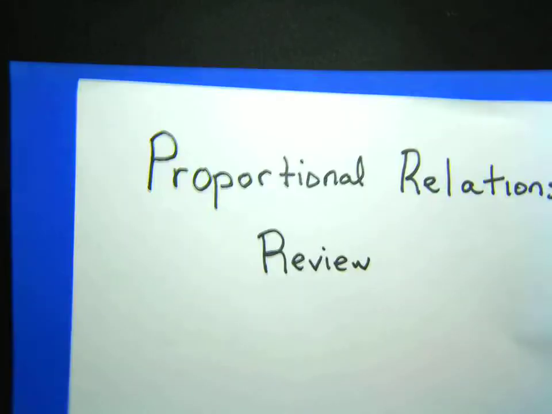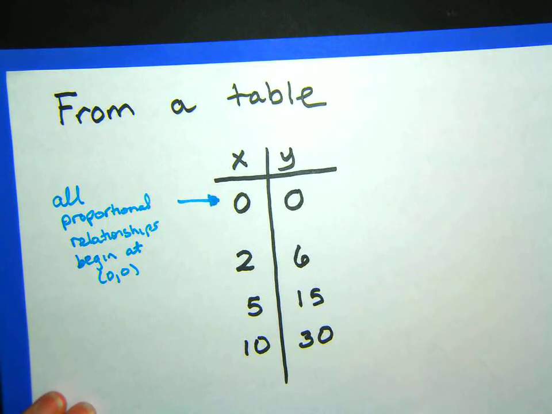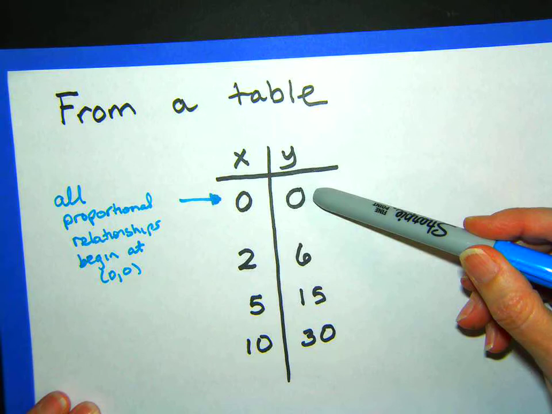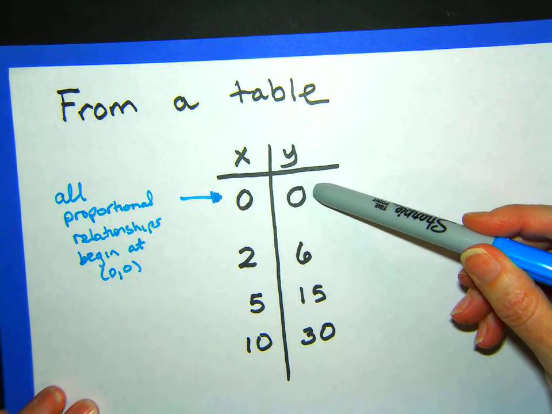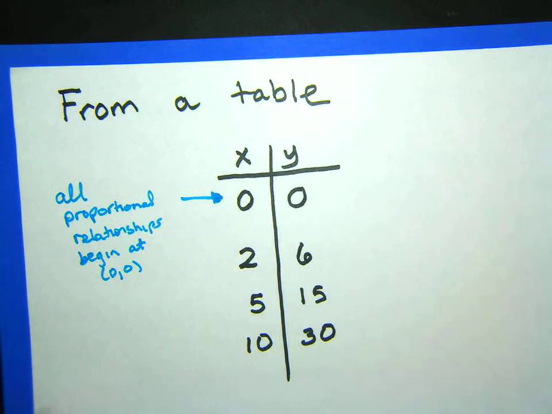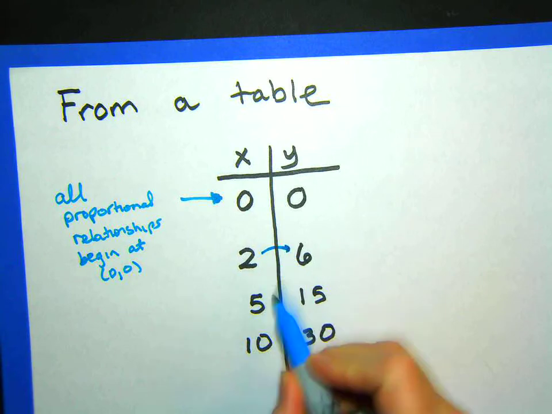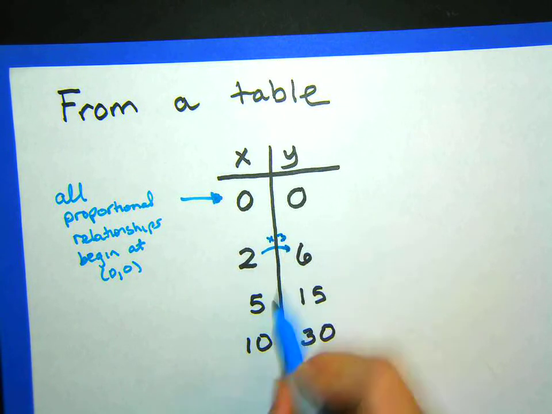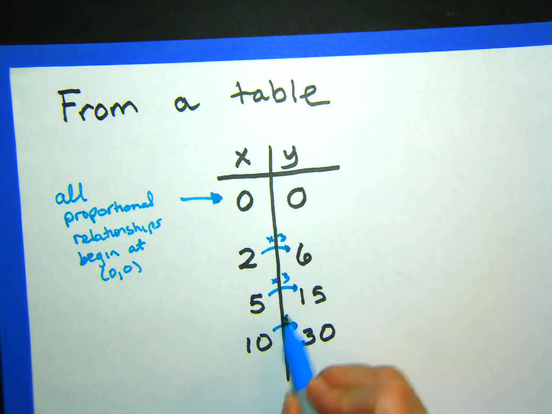Okay. In the proportional relationship review, just to remind you, because you've been in Unit 2: from a table in 7th grade, students learned that all proportional relationships began at, or at least included, the point 0, 0. When they had a set of points from data, they noticed that each point would have the same multiplier, and that multiplier was called the constant of proportionality.